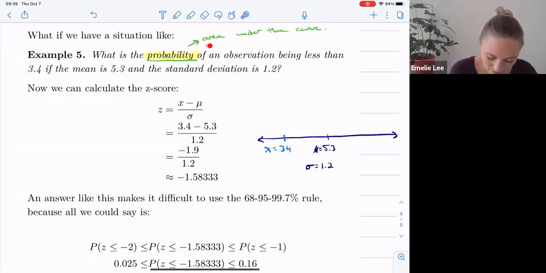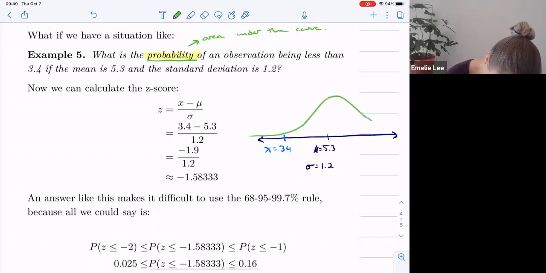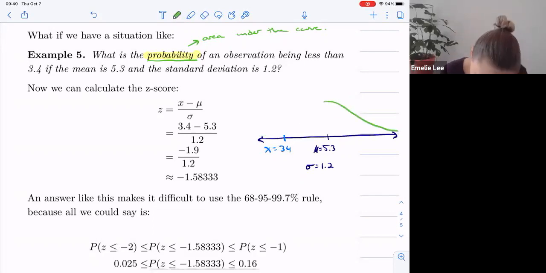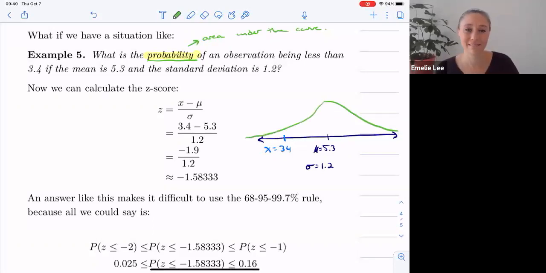Okay, so if I want the probability, I want the area under the curve. So here's my first attempt. Okay, here we go. That wasn't very good. What's the problem? Well, I didn't put the hump over. So maybe I'll try it like this. Close enough.